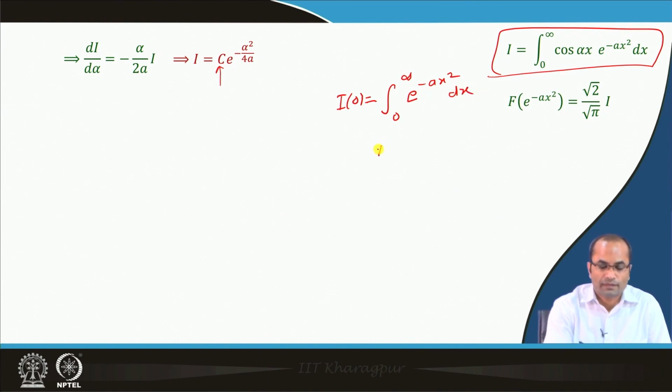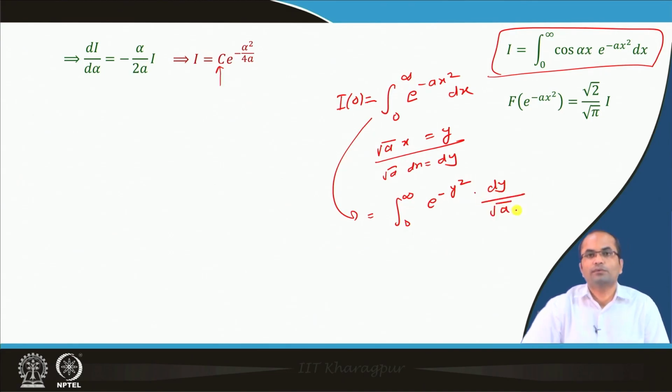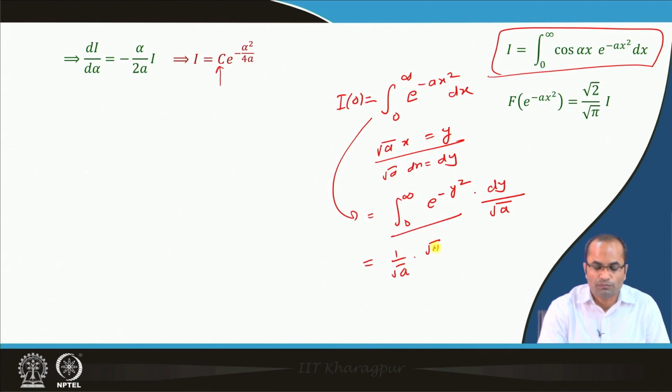If we take a substitution here, square root a x is equal to y, that means square root a dx is dy, then this integral will become 0 to infinity, e power minus y square, and dx will be dy over square root a. So, this value will be 1 over square root a, and the integral of e power minus y square dy, that is square root pi by 2.